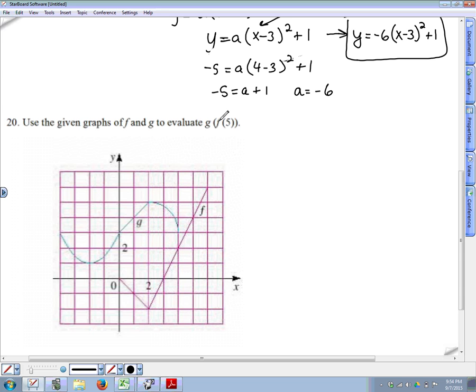If you work your way from the inside out and just start with f of 5, this right here is the f function, and you have to figure out the value of the f function when x equals 5. So if you go out to the x-axis to a value of 5, 1, 2, 3, 4, 5, 1, 2, 3, 4 right here.